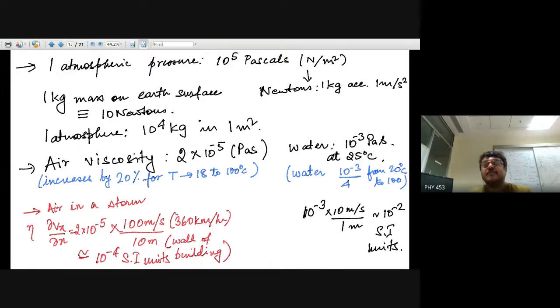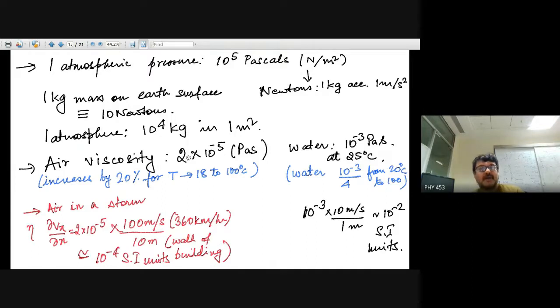One does have to mention the temperature, because for water, as the temperature is varied from 20 degrees centigrade to 100 degrees centigrade, the viscosity of water decreases by a factor of 4. On the other hand, the air viscosity, when you take it from 80 to 100 degrees centigrade, actually increases by only 20%.